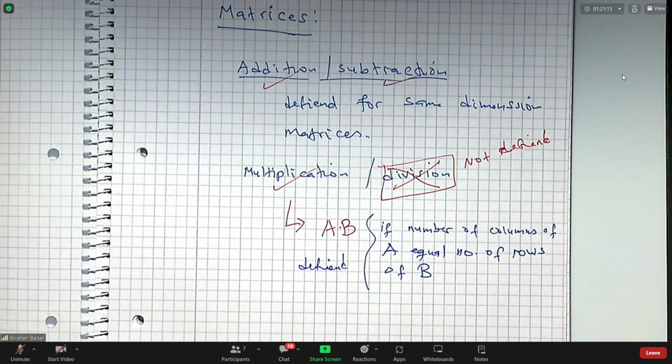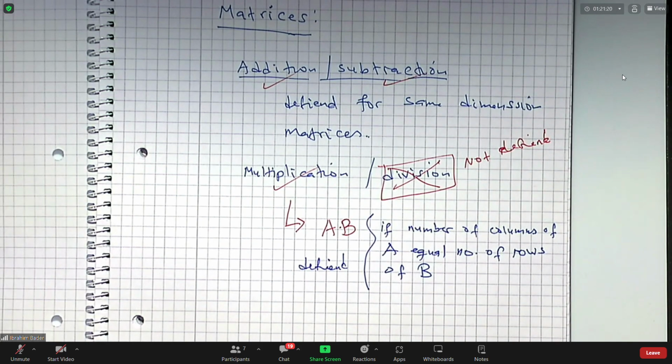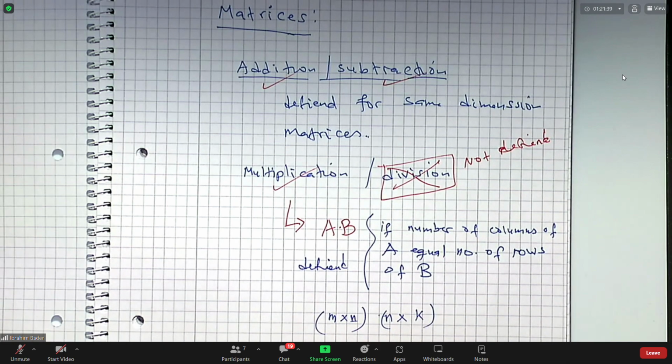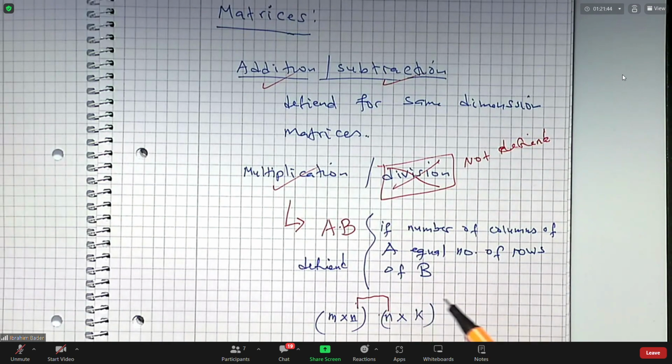However, for two square matrices with the same dimension, it's always defined. And not only that, if I have a matrix that is M times N, the other matrix must have, since this is N columns, N times, let's say, K. If I multiply these with each other, these inner numbers are equal.